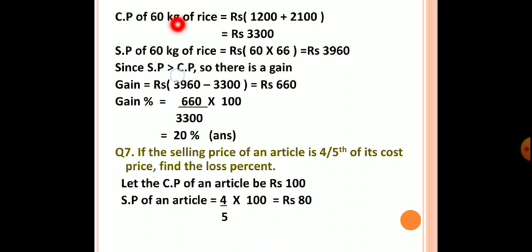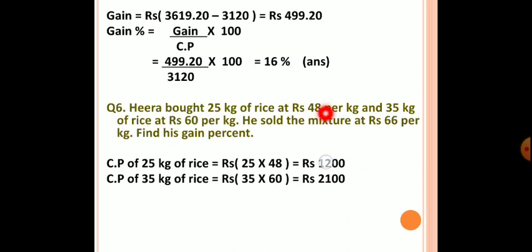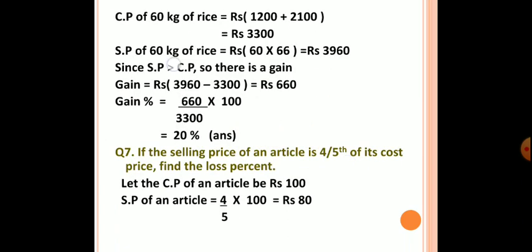So the cost price of 60 kg of rice, how come 60 kg? That is 25 plus 35 kg is equals to 60 kg. So cost price of 60 kg of rice is equals to rupees 1200 plus 2100, which is rupees 3300.